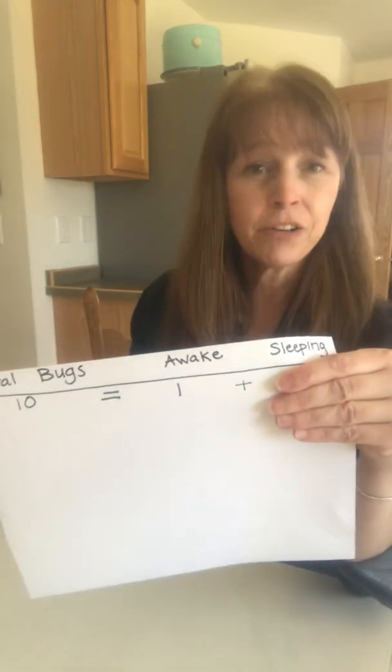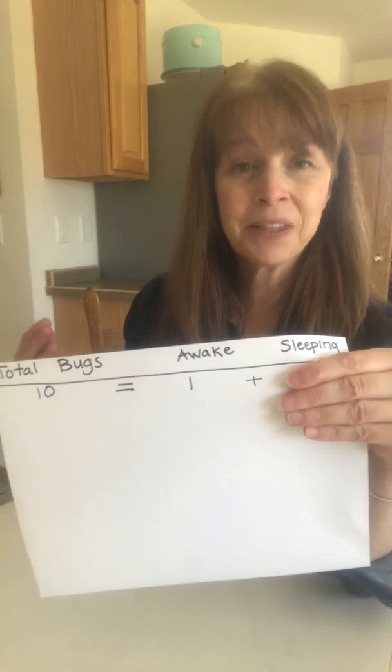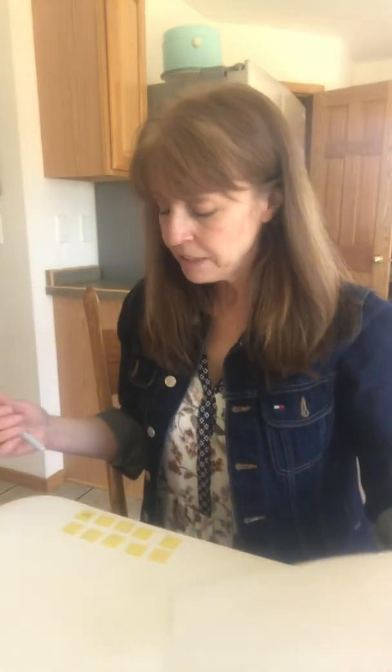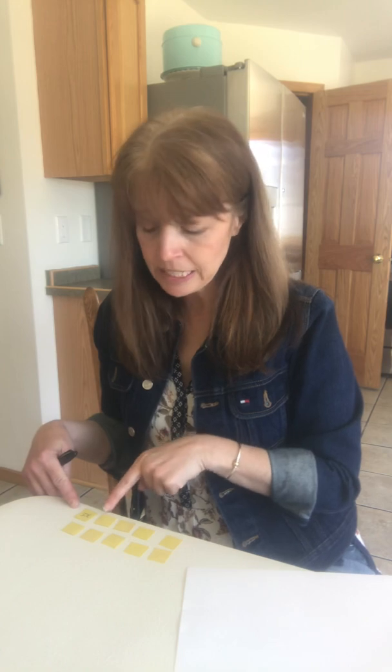So kindergartners are working really hard on fluency with numbers, with adding numbers to 10. And some of the children will already know they've got 1 asleep. They'll be able to just look and see that they need 9 that are asleep.